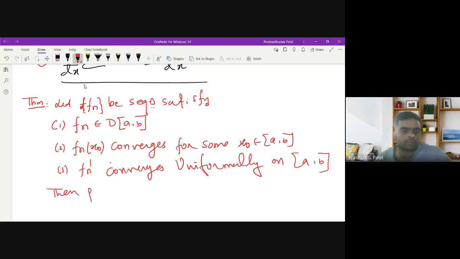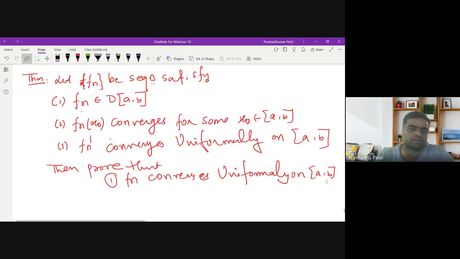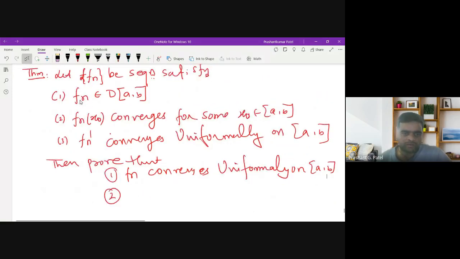Then prove that, first, fn converges uniformly on AB. That means every fn converges to f uniformly. And the second statement we get is limit of n tends to infinity fn dash of x is equal to f dash of x.